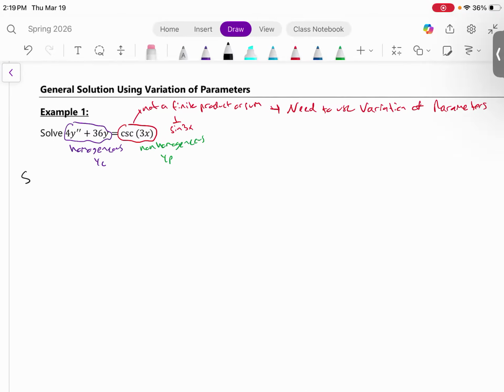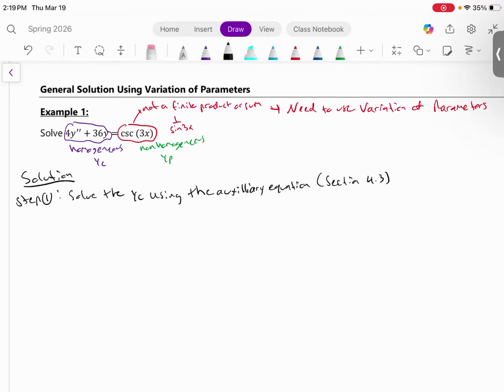So I like to start this off with just a general solution heading, and then we'll say step one, solve the complementary solution using the auxiliary equation. And that comes from section 4.3.